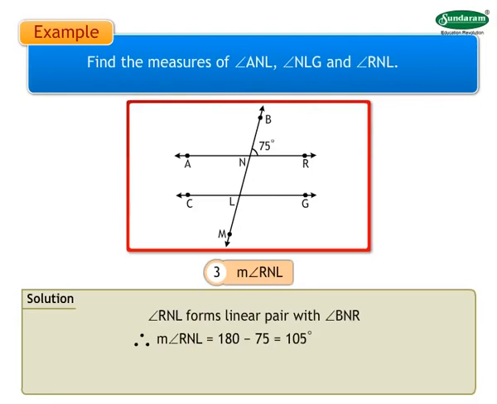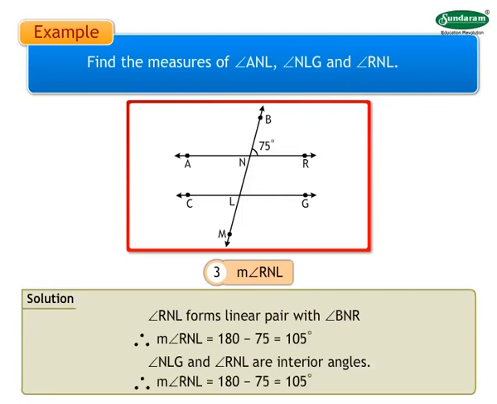The other possibility in this case is that angle NLG and angle RNL are interior angles. Therefore, the measure of angle RNL is 180 minus 75 is equal to 105 degrees.